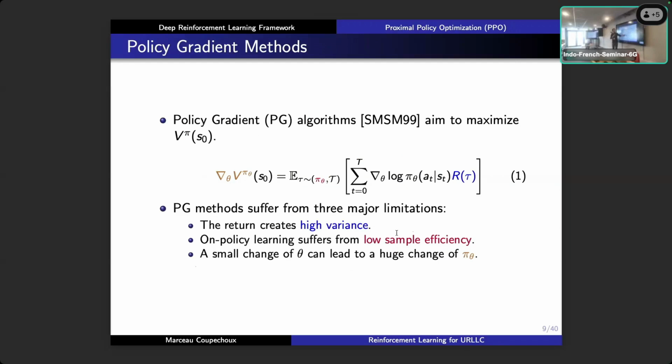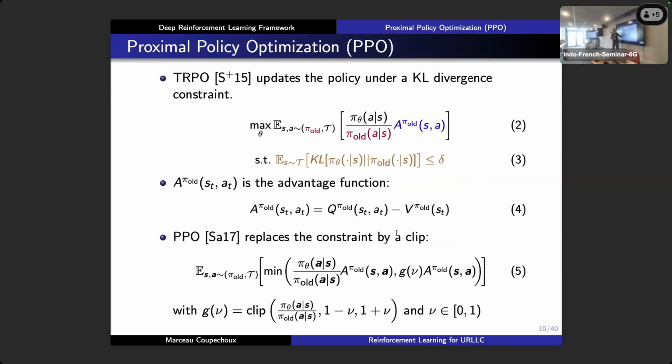Instead of looking at the return, you look at the average advantage you get by taking one action over the average action, because V(s) is what you can get with the average action, while Q(s,a) is what you get if you take action a, and A(s,a) is what you gain over the average action.